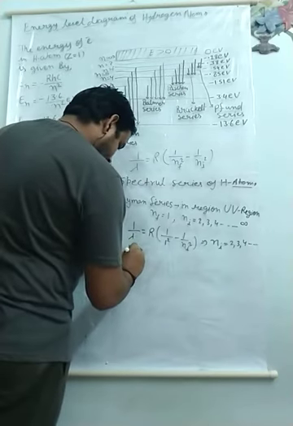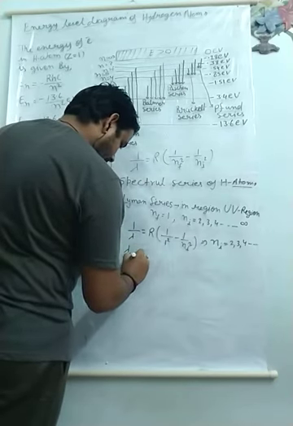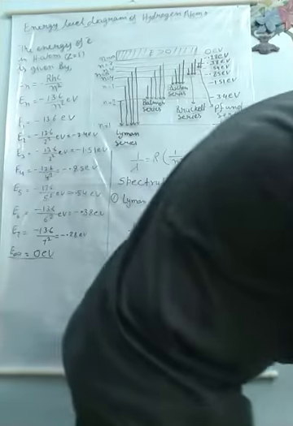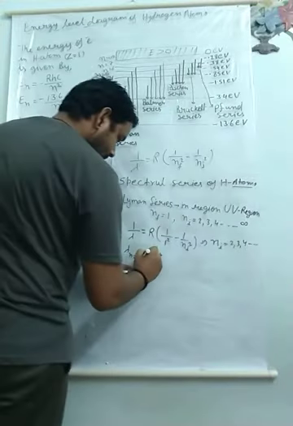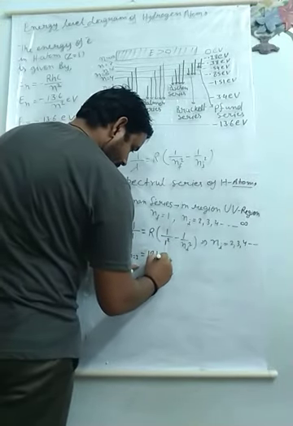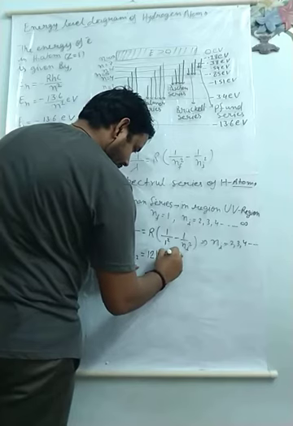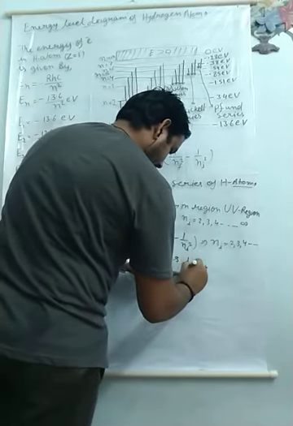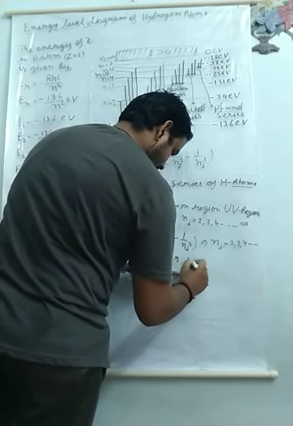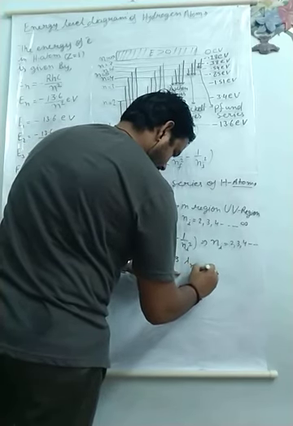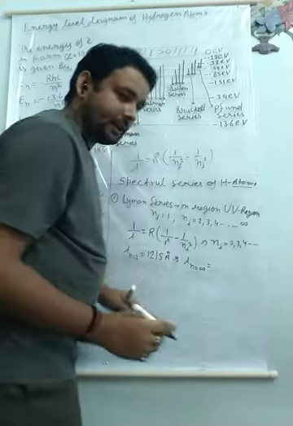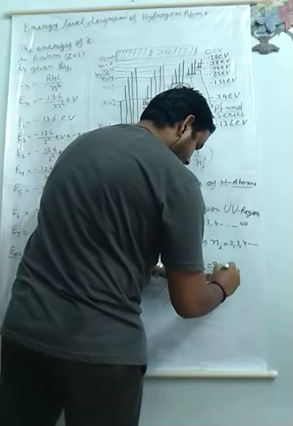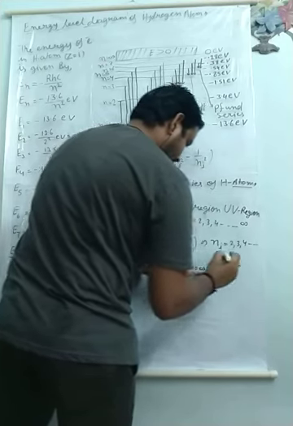So for n equal to 2, the wavelength is calculated as 1215 angstrom, and for n equal to infinity, it is calculated as 911.6 angstrom.